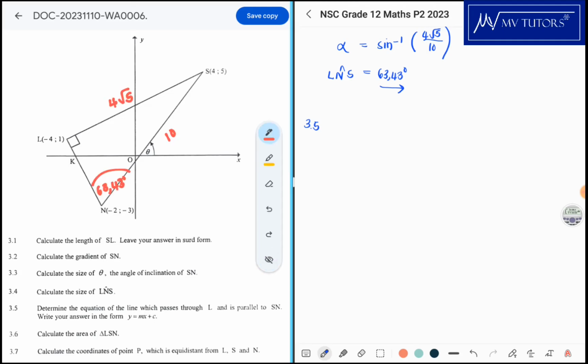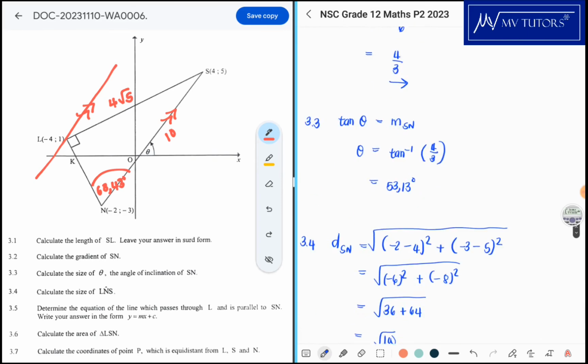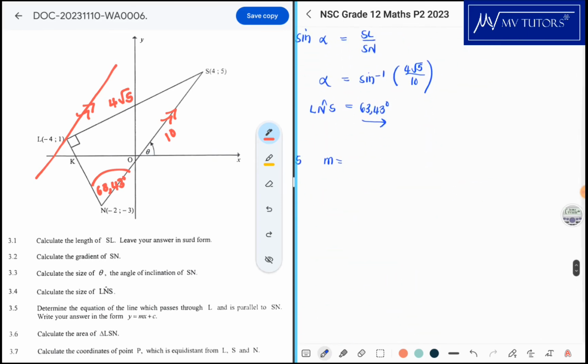So it's parallel to SN, passing through L. If this is SN, being parallel to it would be something like this. Whenever you want an equation of a line, you firstly need a gradient. Do we have a gradient of SN? Yes, we did calculate it, and it was 4 over 3.